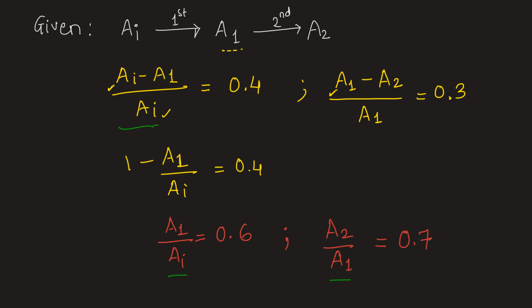In continuation with this formula, we can write the overall fractional reduction will be initial area AI minus final area A2, the final area in the second stage of course, divided by the initial area AI. This will give us the overall fractional reduction. And for that, we are first calculating A2 by AI. Let's do it.